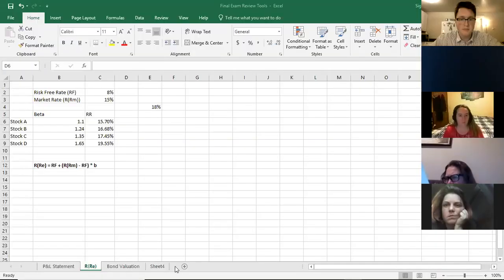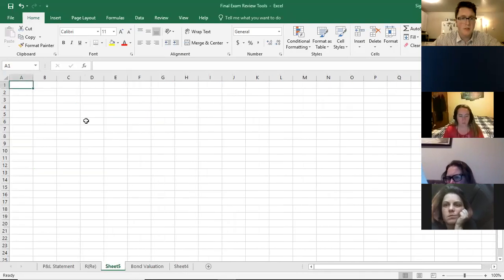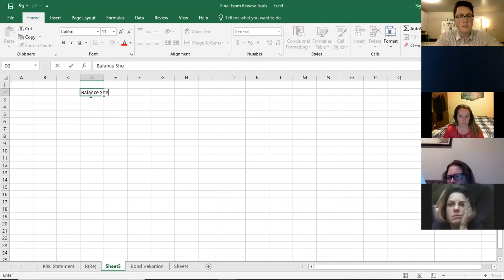Assets equals liabilities plus equity. So in our balance sheet, let's say that we decided to create a balance sheet on December 31st, 2017.